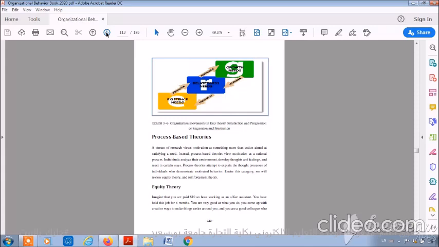Process-based theories. Indeed, a stream of research views motivation as something more than action aimed at satisfying a need. Instead, process-based theories view motivation as a rational process. So the concept here is that motivation is not a specific action or a specific event.